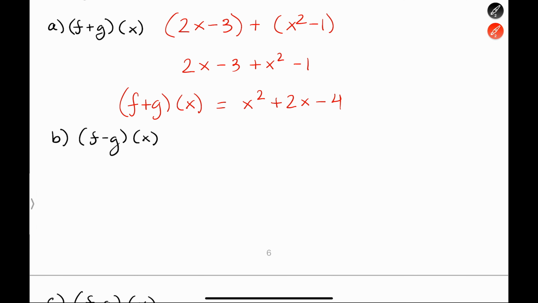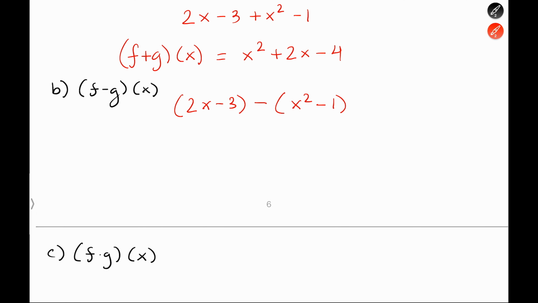For f minus g of x, it's the same thing, 2x minus 3, but instead there's a minus sign, and then there's x squared minus 1. And so you always have to remember to distribute this negative sign into both factors of this term.